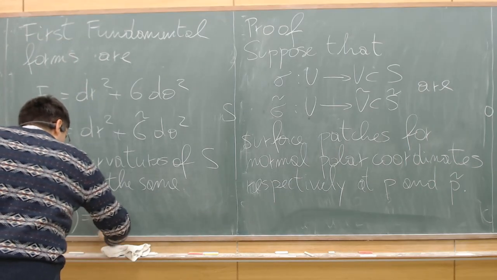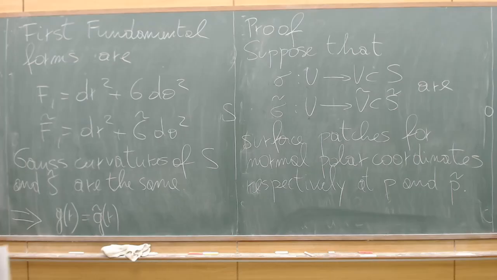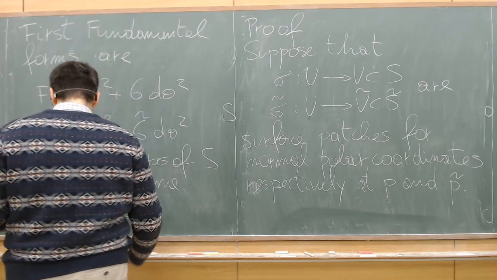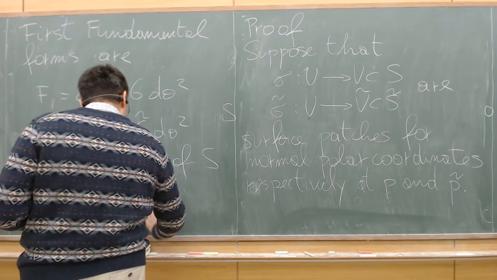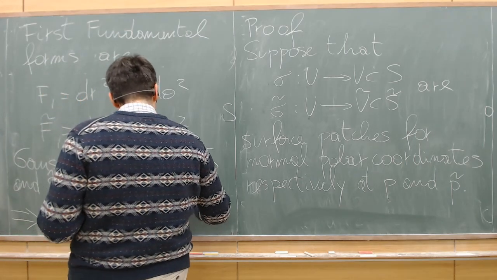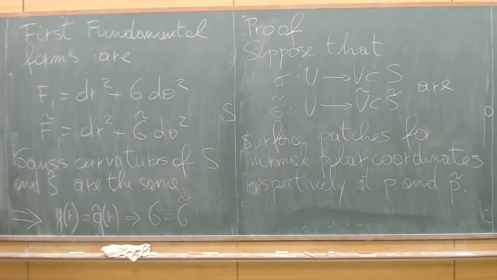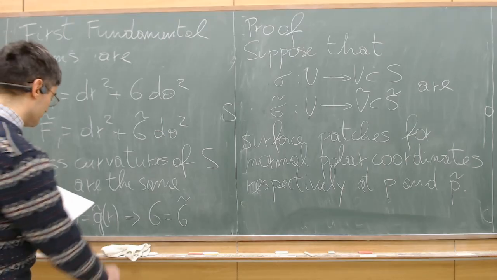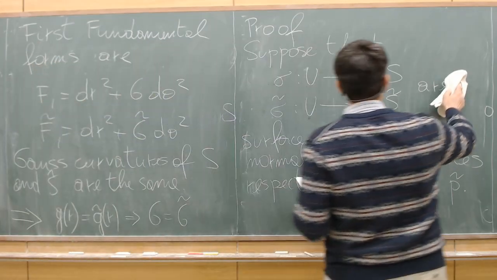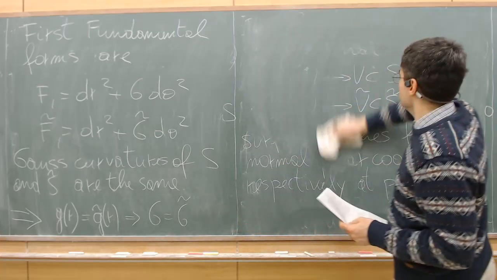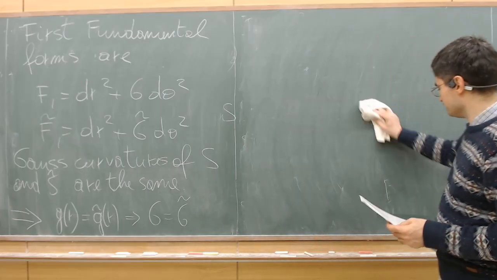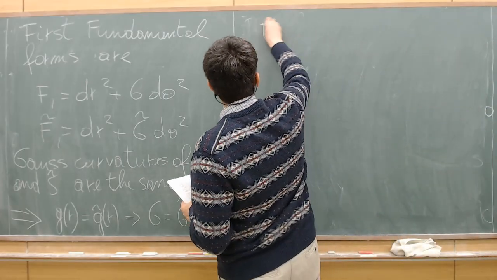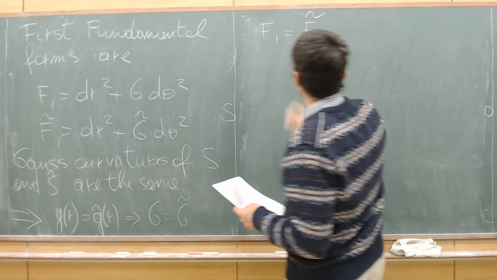So g equals g tilde of r, and this implies that g is equal to g tilde, that is, the two surfaces have the same first fundamental form.